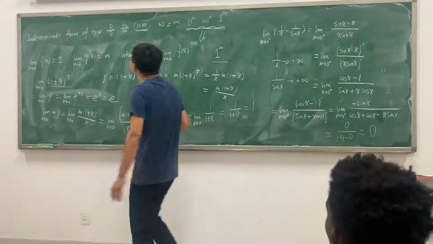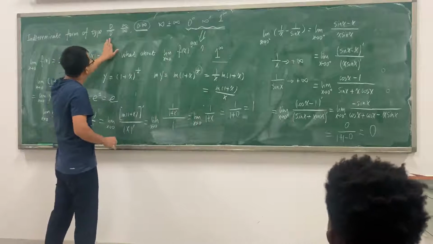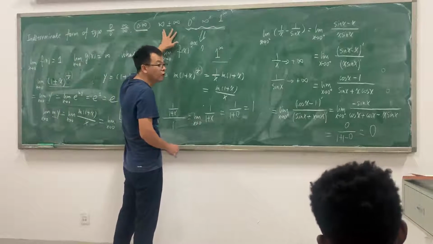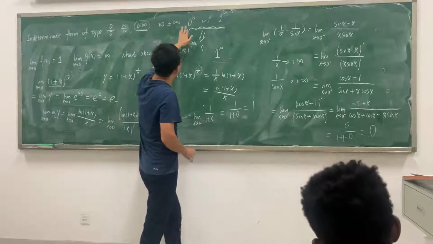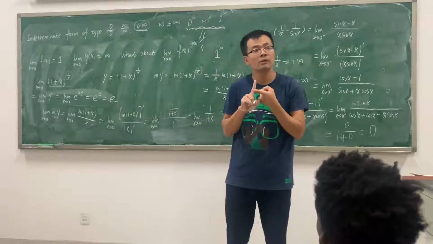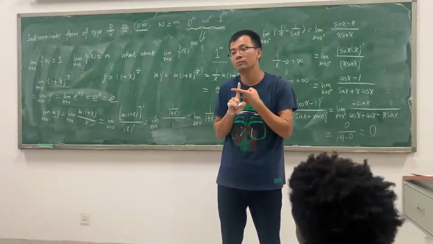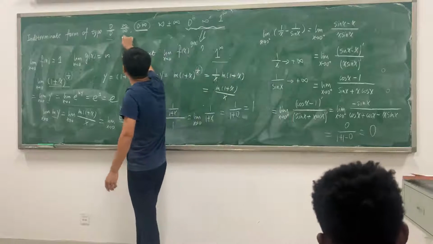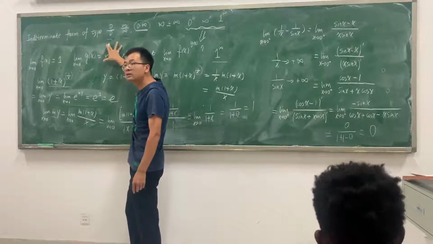We have the first, second, third, and so on up to 10 indeterminate forms. For the first and the second, use L'Hopital's rule.